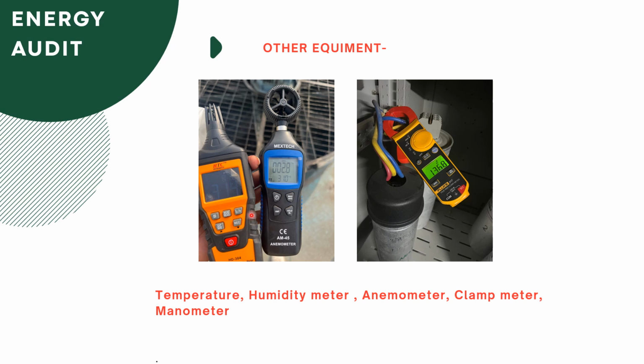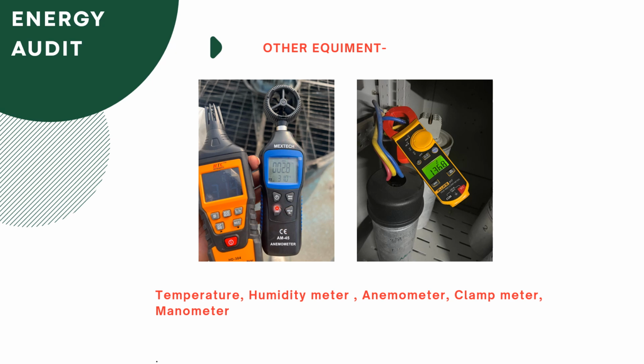So friends, here are some other equipments which are used in energy audit. The first one is the temperature and humidity meter. This is used to check the dry bulb temperature, wet bulb temperature and humidity at different equipment, like cooling towers and AHUs, air handling units, and at ambient temperature if we are checking in some areas. And this one is an anemometer.